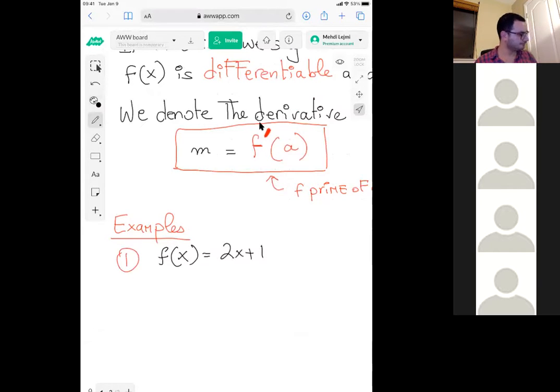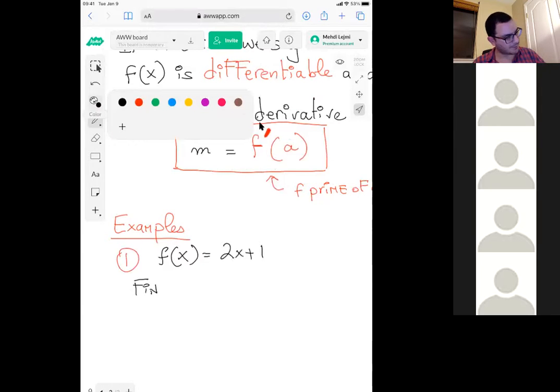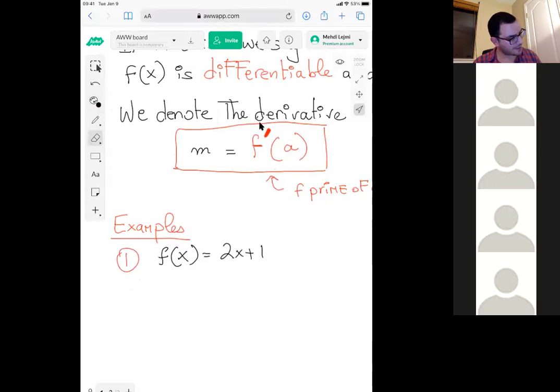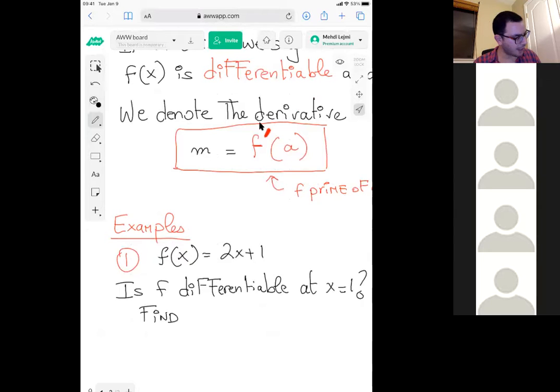And the question is: is f differentiable at x equal to 1? And if f is differentiable, then you need to find f prime of 1.